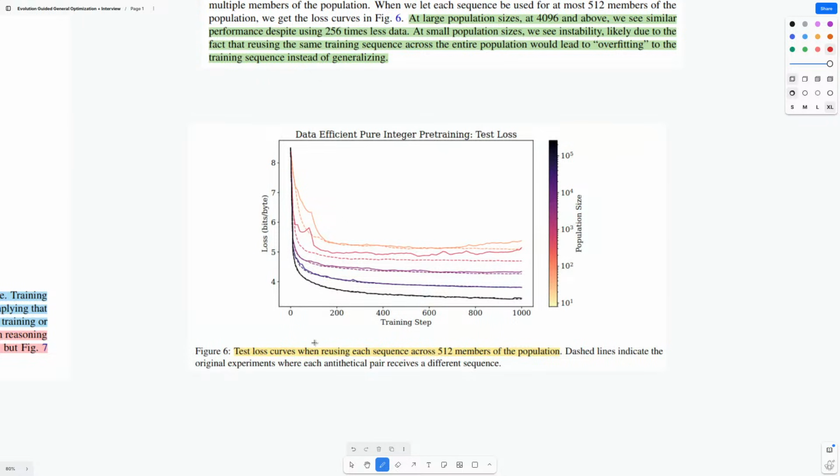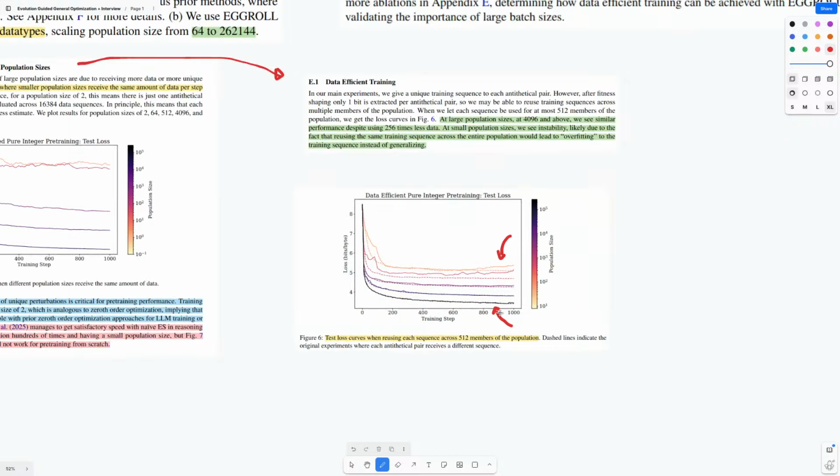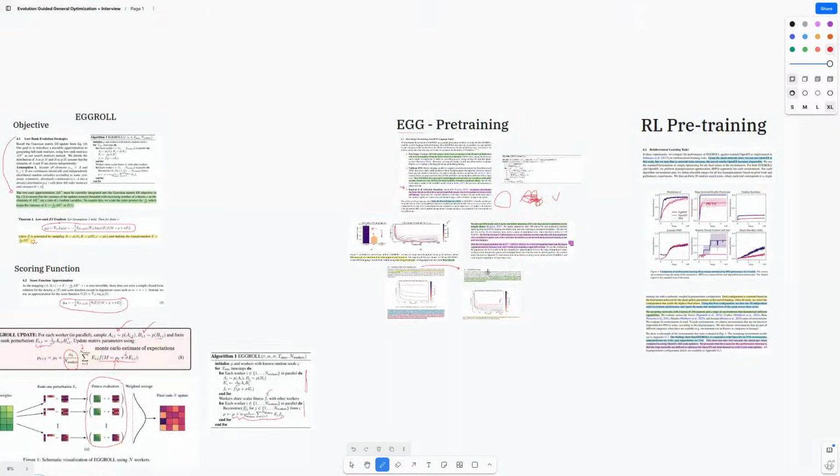But you don't have to have a different sequence for each member of the population. You can reuse the same thing, kind of, right? And you get performance. But the smaller the population, the more it can diverge, and you need a different sequence for each. If you have a lot of population, you can reuse mostly the same sequence. So this is good. So pre-training, check mark, guys.